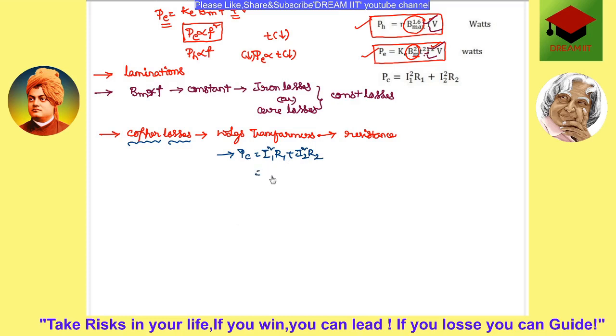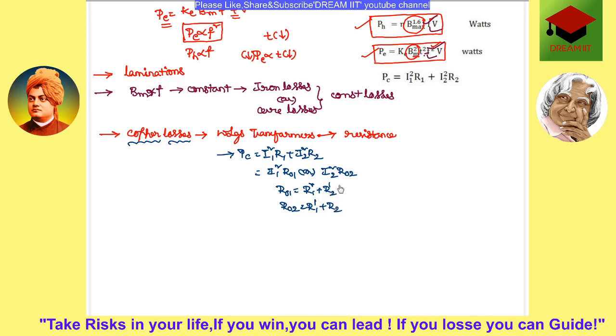So totally we can write it as I1 square into R01. I will tell what is the meaning of R01, or you can write I2 square into R02 also. Here R01 is the total resistance when referred to the primary, that is R1 plus R2 dash, and R02 is R1 dash plus R2.